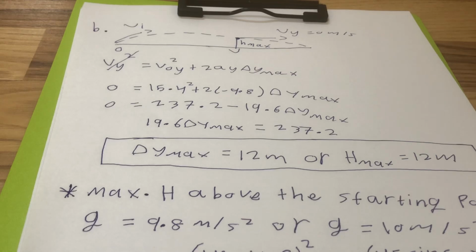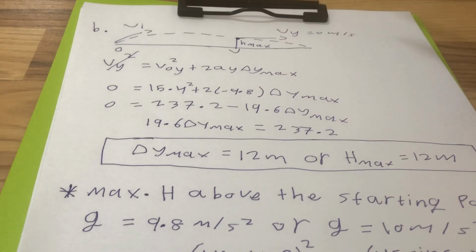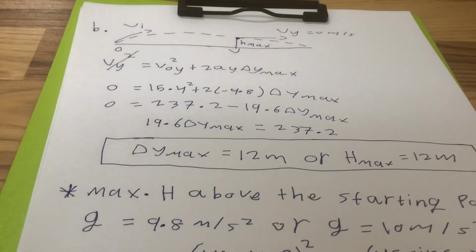Now the second question. The second question asks: what is the greatest height the ball will reach? It means the question wants us to find the maximum height. Here the final velocity is 0 meters per second, because at the top of the projectile motion on the y-axis, the vertical velocity is 0.